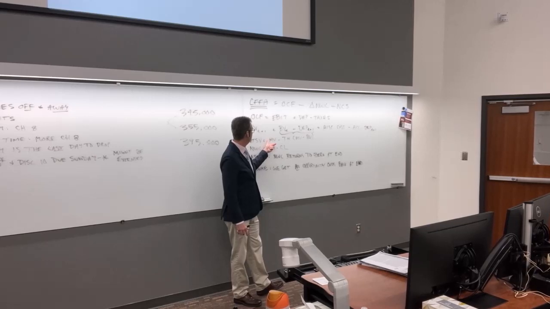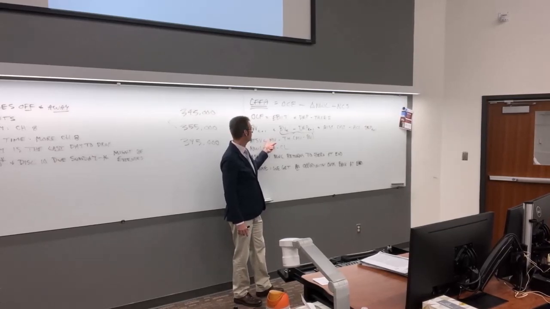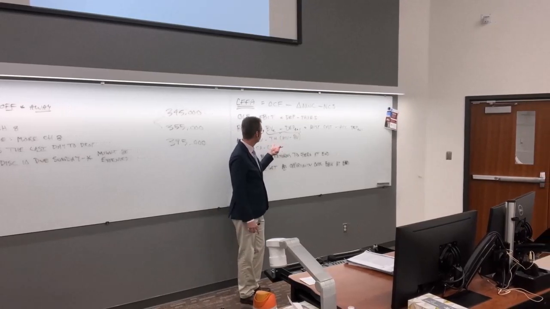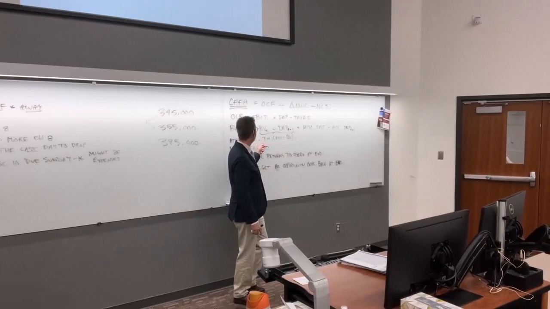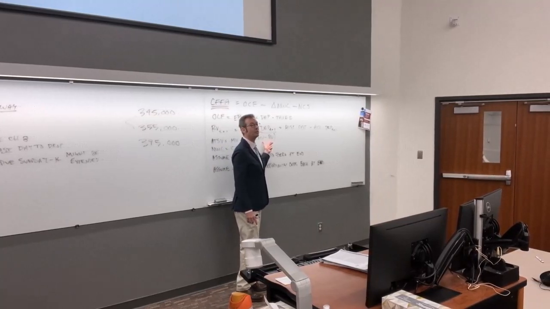Now, if we lived in a world without taxes, then everything would be cool. But here's the problem. We do have taxes. And we are going to have to pay taxes on any market value that is above and beyond the book value.